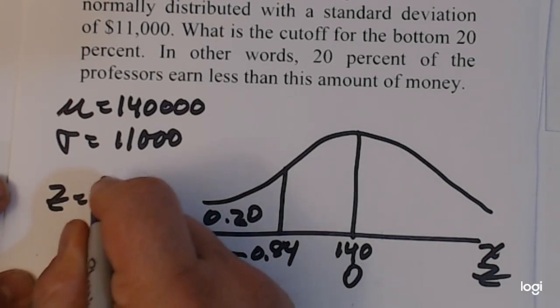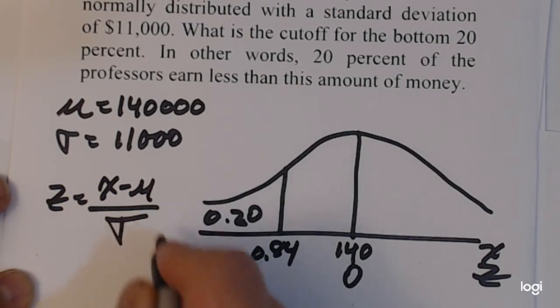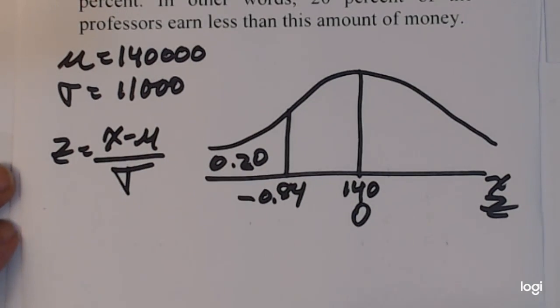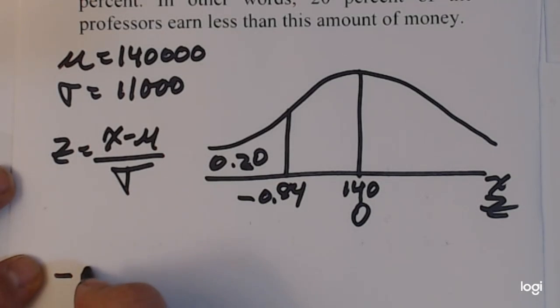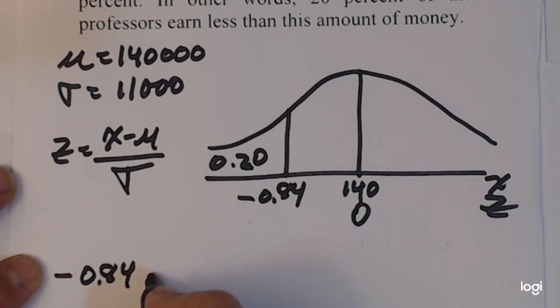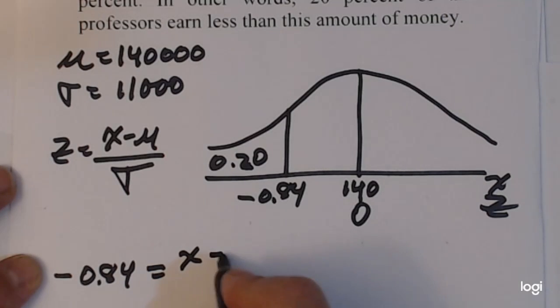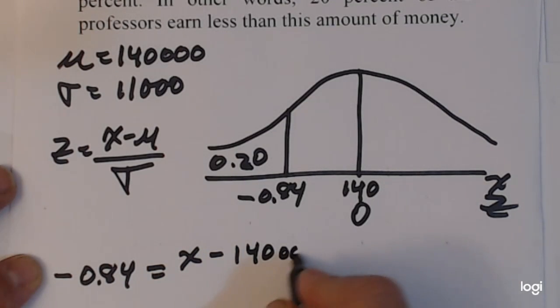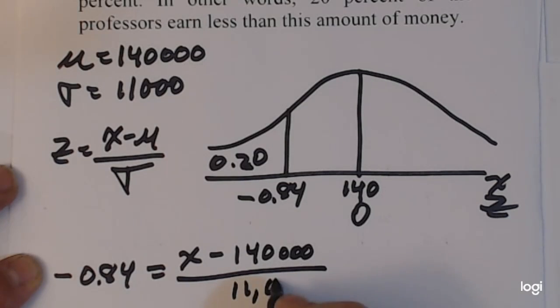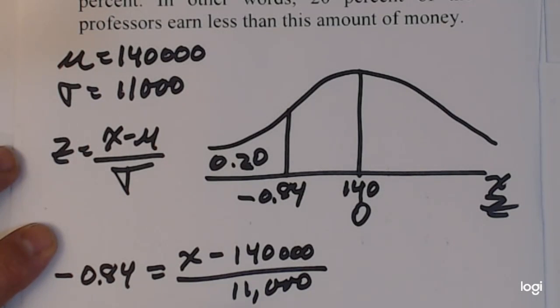So Z is equal to X minus mu over sigma. We know Z is negative 0.84, and that's equal to X, which we don't know, minus 140,000 over 11,000. So we do that. This is equal to negative 9,240 is equal to X minus 140,000.